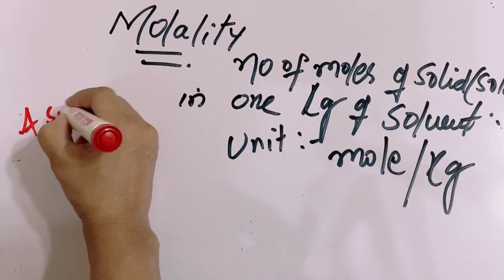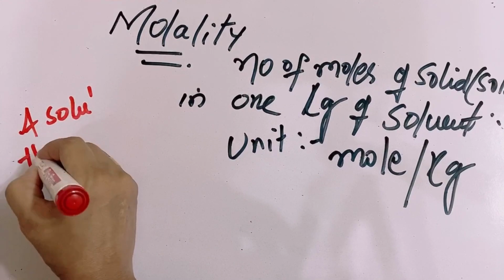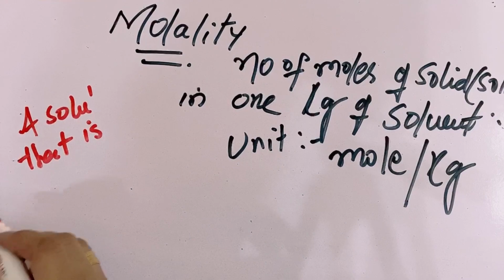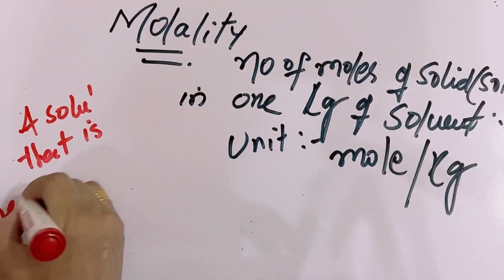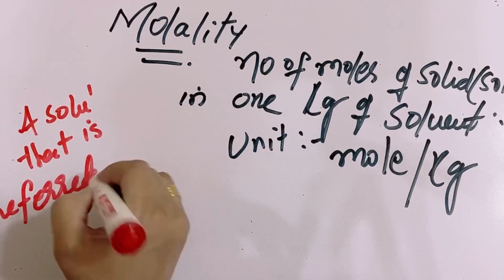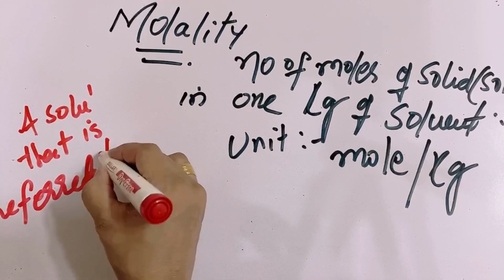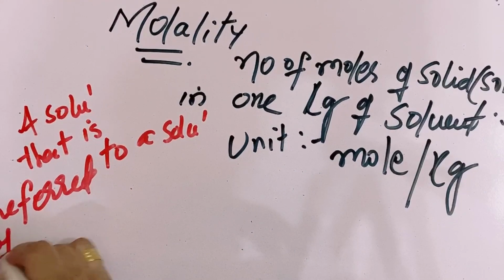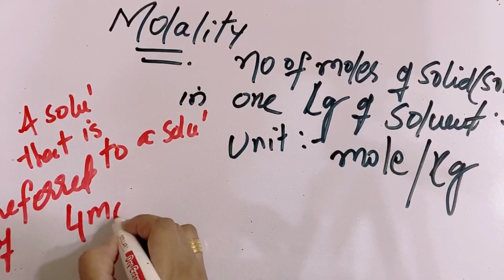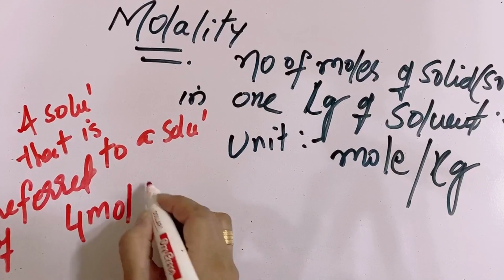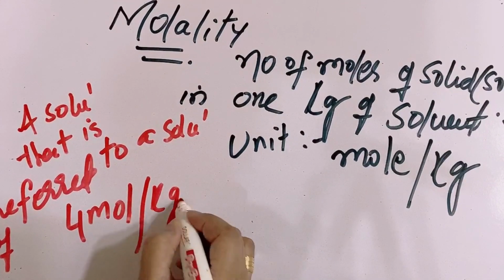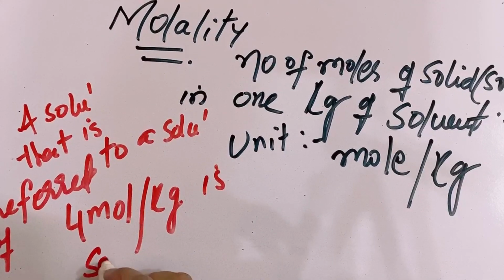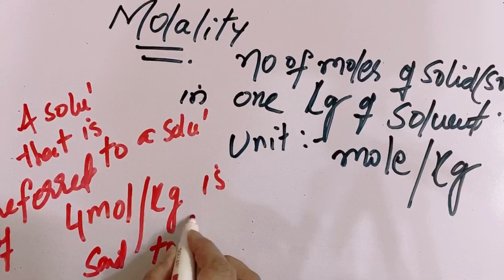I'm just giving you an example: a solution of 4 mole per kg, what would it be said to be?